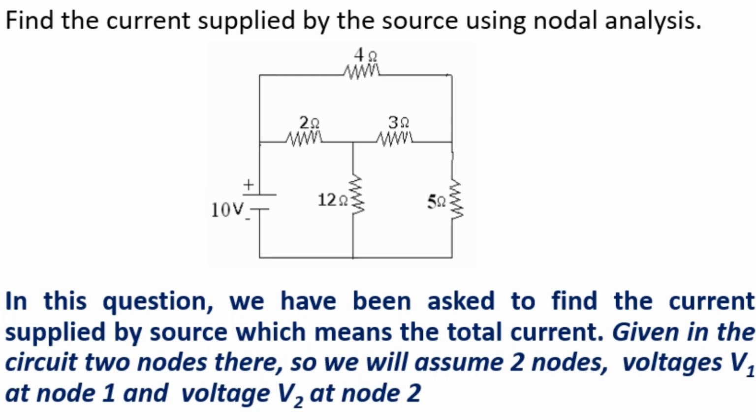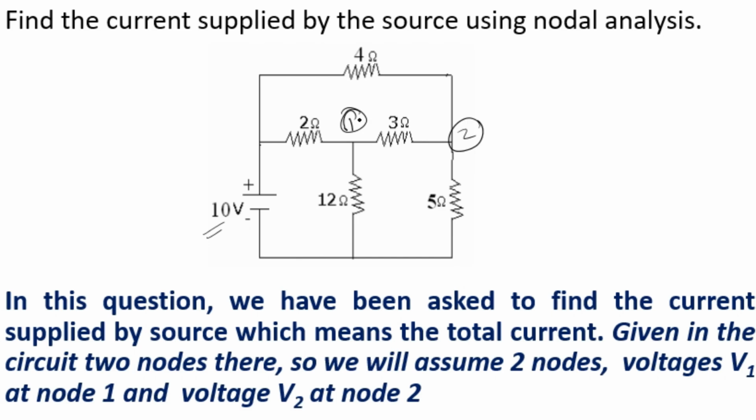Find the current supplied by the source using nodal analysis. In this question, we have been asked to find the current supplied by the source, which is nothing but the current supplied by the 10 volts voltage source. In the given circuit, there are two nodes, node 1 and node 2.